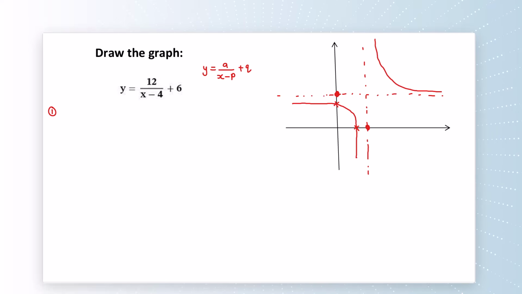So we need, number one, the horizontal asymptote. Number two, we need the vertical asymptote. Three, we need the x-intercept.